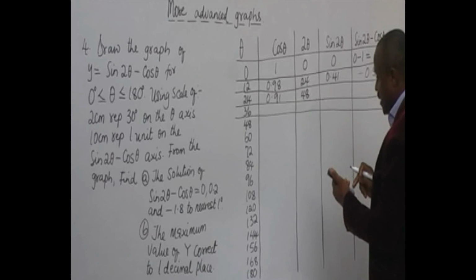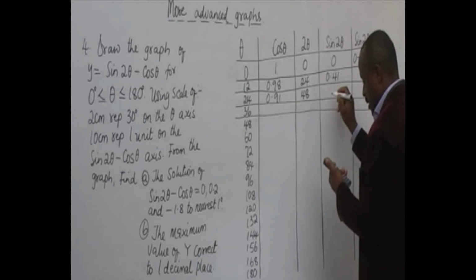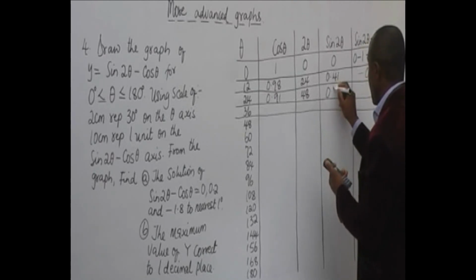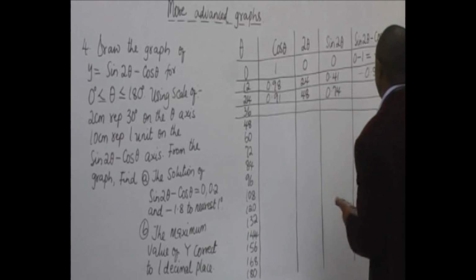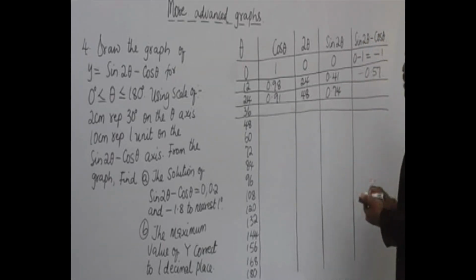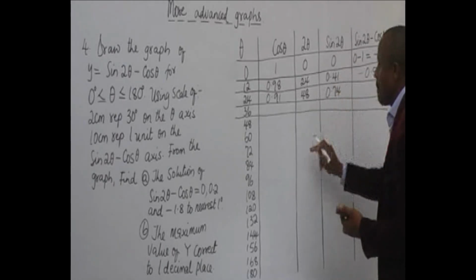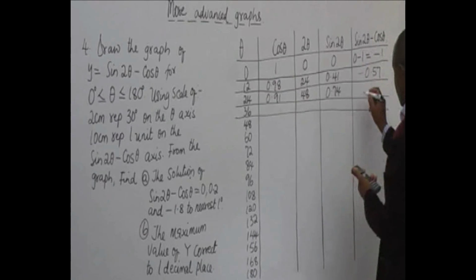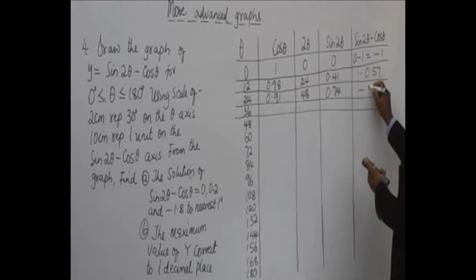So we have sine 48 is equal to 0.74. Now sine 2 theta minus cos theta is 0.74 minus 0.91, giving us minus 0.17.